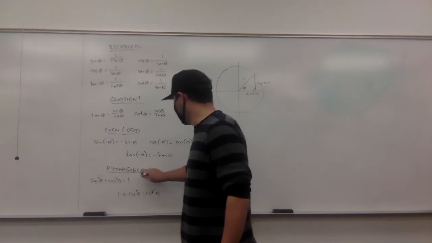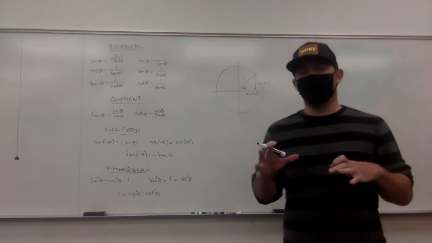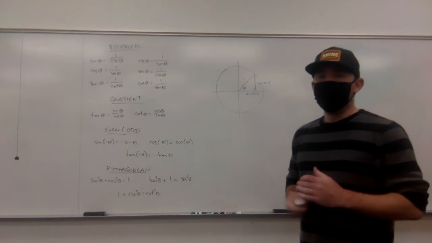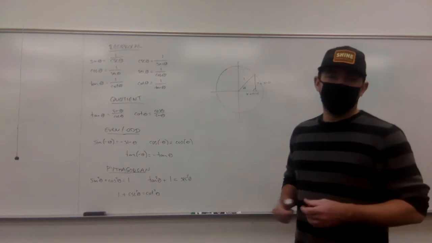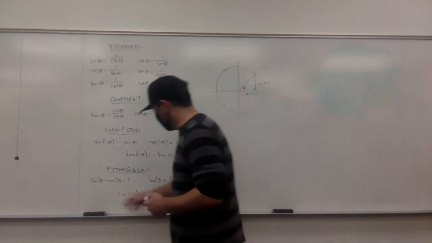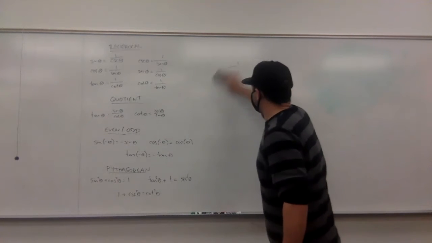There's some co-function identities. These are identities involving pi over 2 minus x or minus theta as the argument to a trig function. I'm not going to put those up on the board because they're not going to play into the problems that we do today. But in your book and in a list of fundamental trig identities, you will see them listed as well.